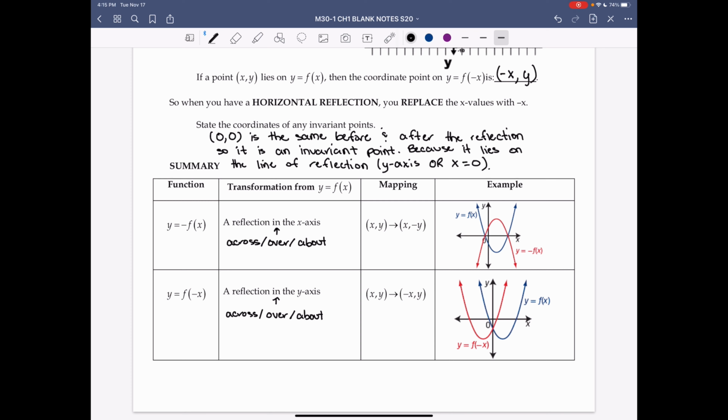And then we have an example. Quadratic y equals f of x is here. It's shifted to the right so that the vertex is in quadrant 4. When we reflect that across the y-axis, then we have the vertex of the quadratic still opening up, still the same shape, but the vertex is now located in quadrant 3.